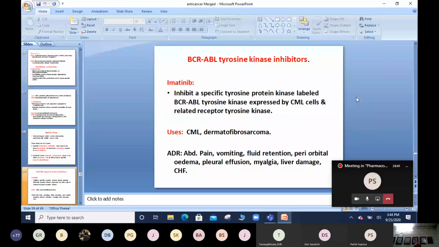By inhibiting that, it acts as an anti-cancer drug. Uses: chronic myeloid leukemia, dermatofibrosarcomas. These are cells that produce these specific target tyrosine kinase proteins. Adverse reactions: abdominal pain, vomiting, fluid retention, periorbital edema, pleural effusion, myalgia, liver damage, CCF, etc.